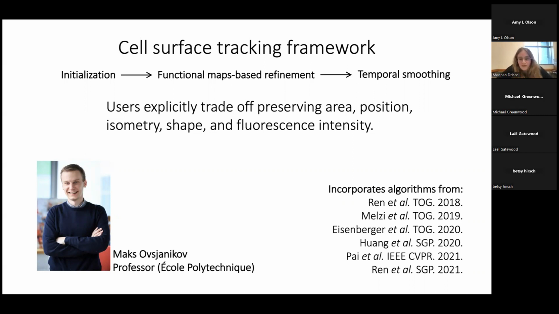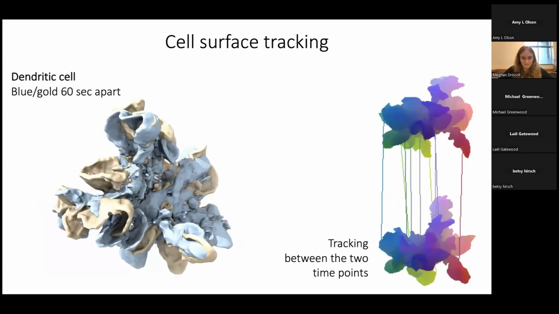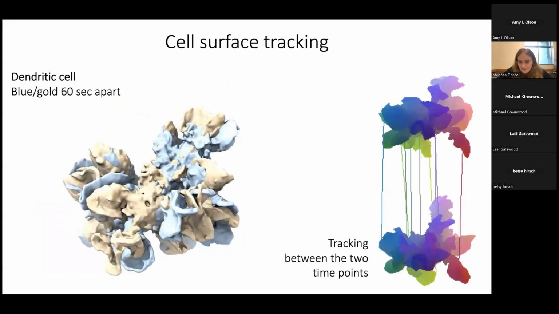And we worked out a way to do it in a more physical way, right? So we actually let users set conservation laws. So it's sort of as if you're imposing a physical model of how the cell moves on the cell, and then fitting that model to cell motion.